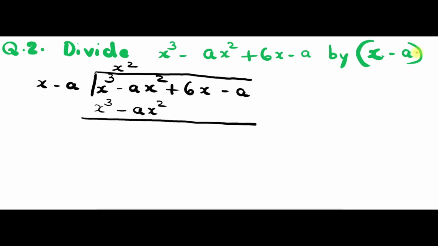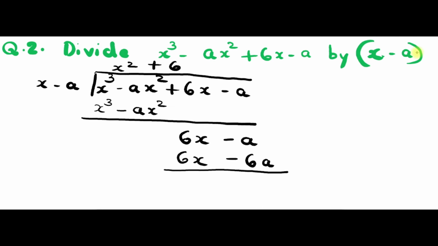Then x cube minus x cube is 0, minus a x square minus a x square, this one is also 0. So, I am bringing this 6x here, and also my minus a here. 6x by x is plus 6. So, 6 into x is 6x and 6 into minus a is minus 6a.